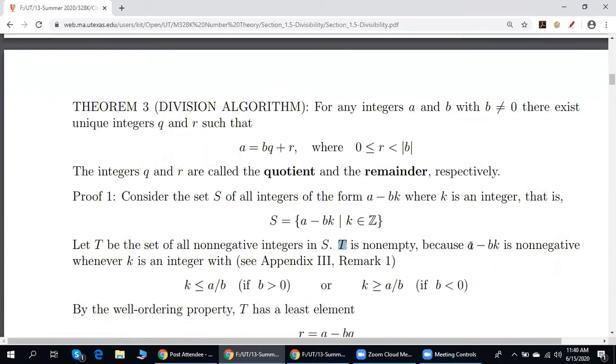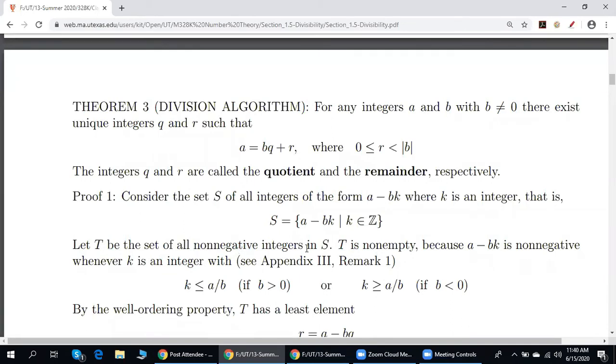One can say, well, our intuition tells us that no matter what A and B are, it is always possible to find an integer, actually infinitely many integers K, such that A minus BK is non-negative.